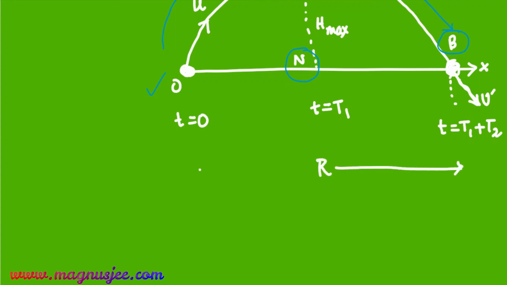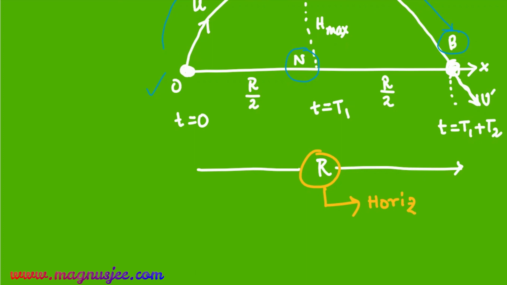This horizontal displacement of the projectile is R, which is the horizontal range, and from O to N is R by 2, and from N to B it is also R by 2. And R is the horizontal range.